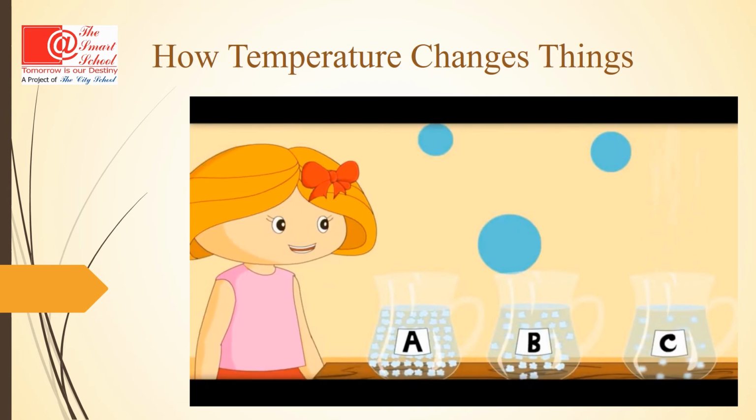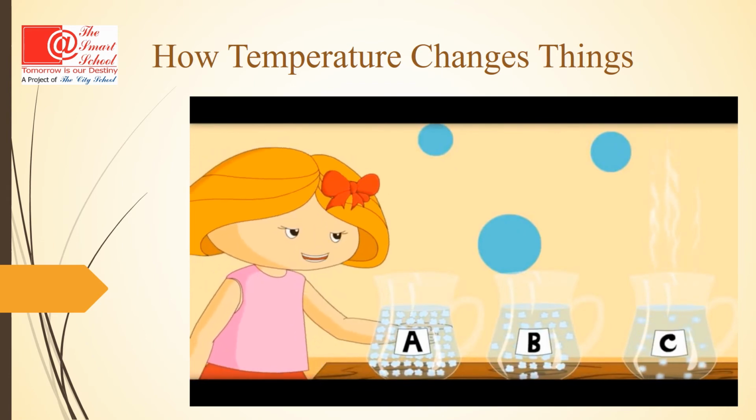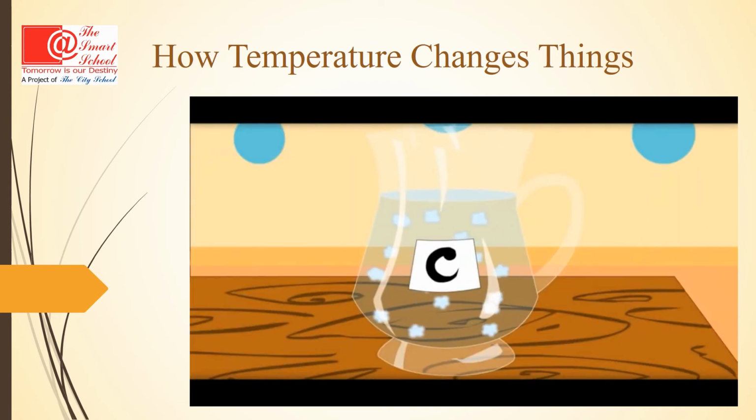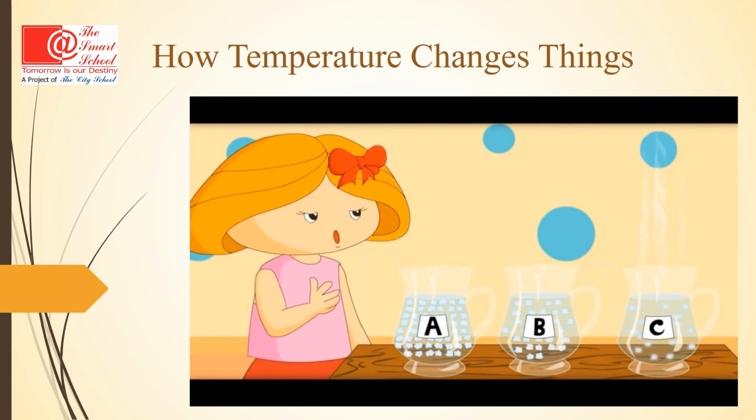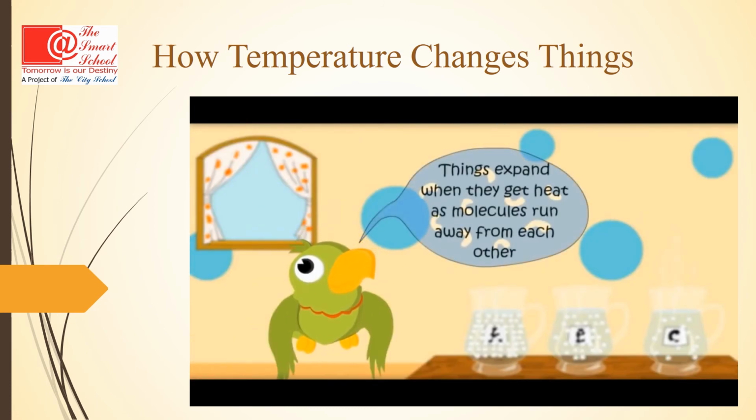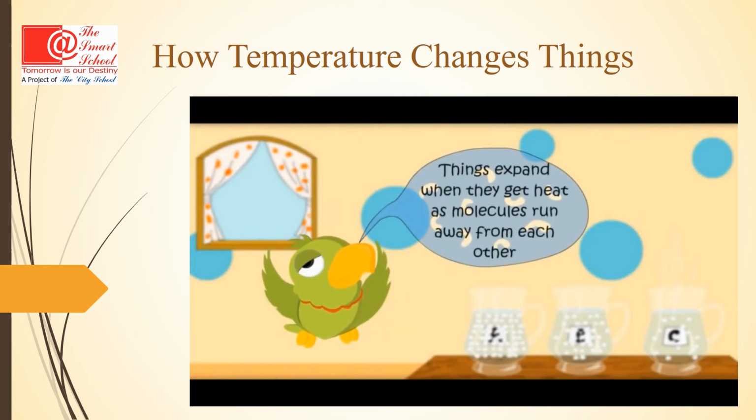Tell me, what do you see in jug C? In this jug, molecules are moving fast. They are going away from each other. Yes, things expand when the molecules move away from each other. Things expand when they get heat as molecules run away from each other.